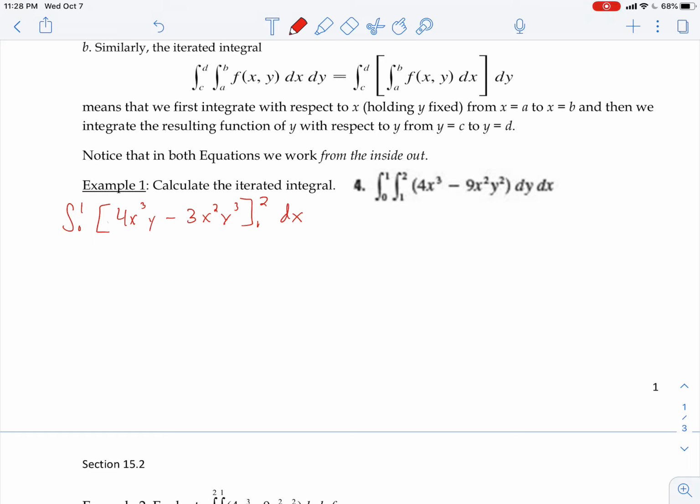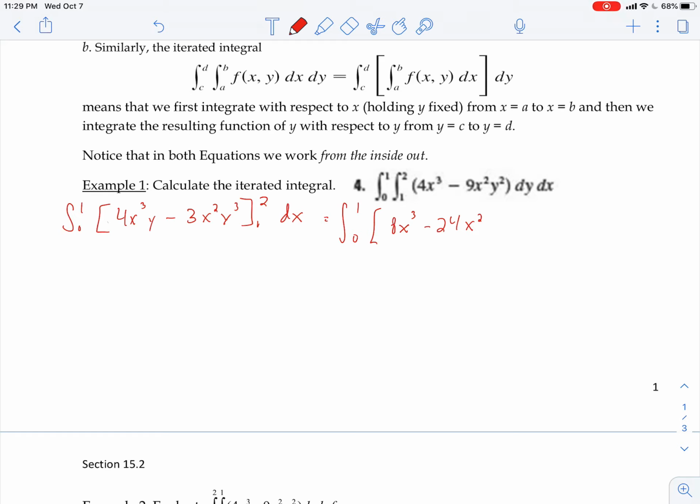Alright, so let's substitute in our 2 and 1 for y. When we do that, we have 0 to 1, plug in 2 for y. So if y is 2, we have 4 times 2, 8, so it's going to be 8x cubed. And then plug in 2, so 2 cubed is 8, 8 times 3 is 24, negative 24x squared, dx.